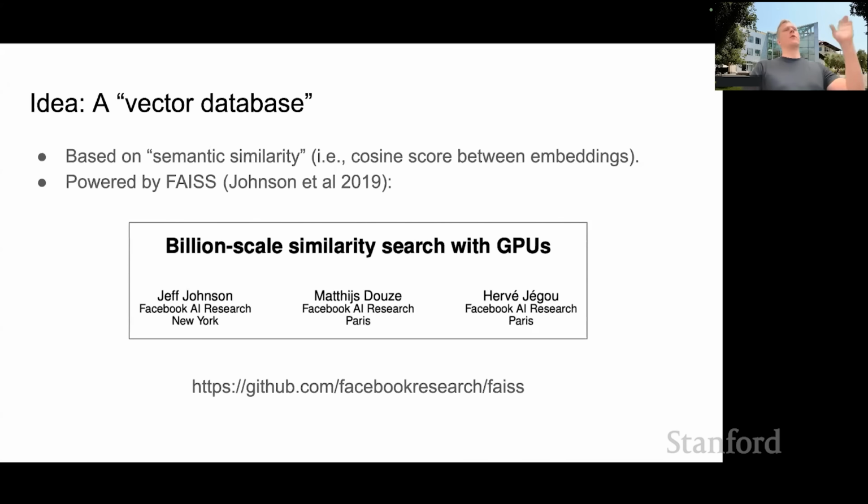All the popular ones are re-implementations of this FAISS idea. One is in Rust, one is in Go, but it's all basically the same idea. It's just FAISS, and FAISS really powers a lot of this stuff. Whenever somebody tells you something about a vector database, just think about FAISS. Very fast dot product.